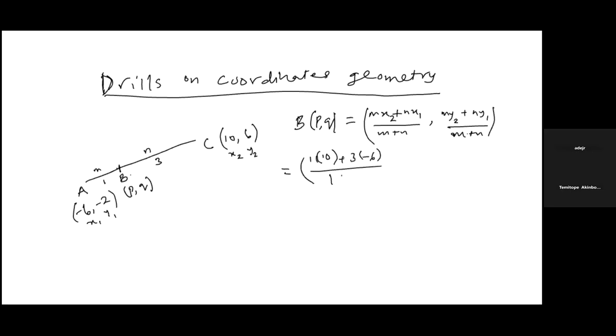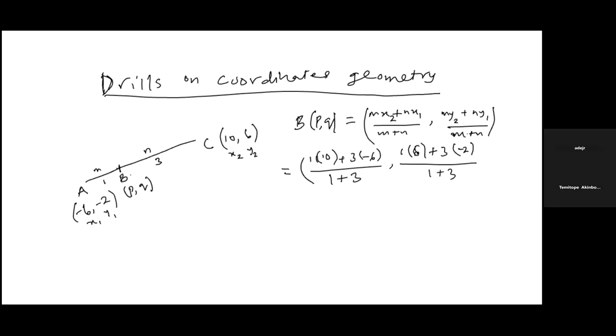That's the first coordinate. So second coordinate, M, which is 1, times y2. y2 is 6 plus 3, that's N, times y1. y1 is -2 over 1 plus 3.